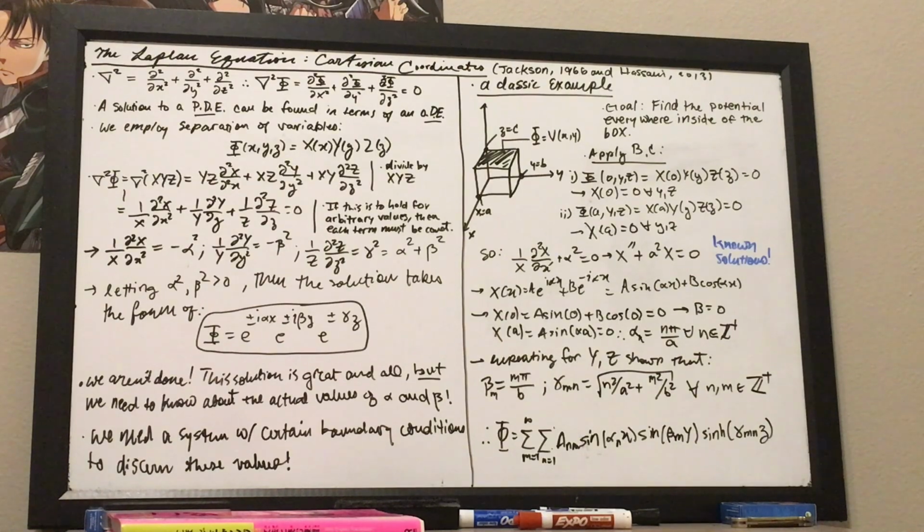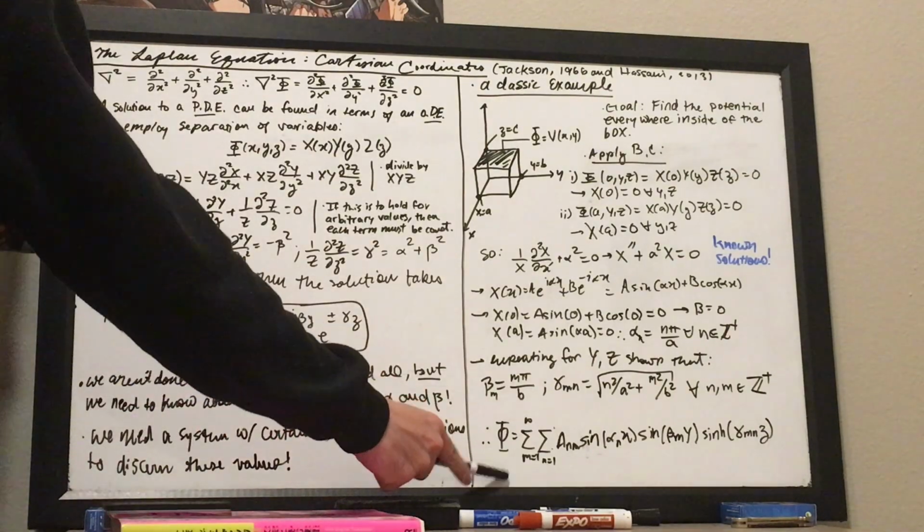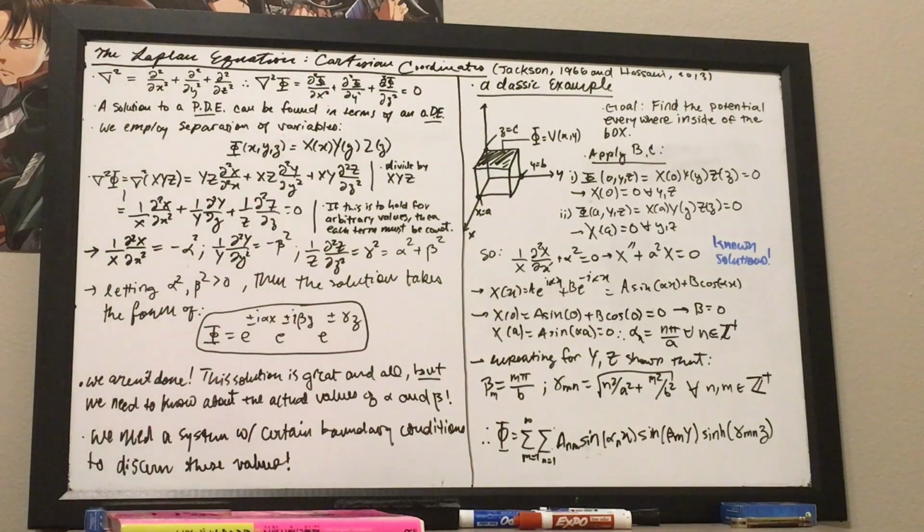And then we say then, because we have various integer multiples of pi that we can get, and various integer multiples of gamma and beta and n as a consequence, that phi actually has to be some sort of sum over these m and n values. So we have a linear combination of different states, essentially.